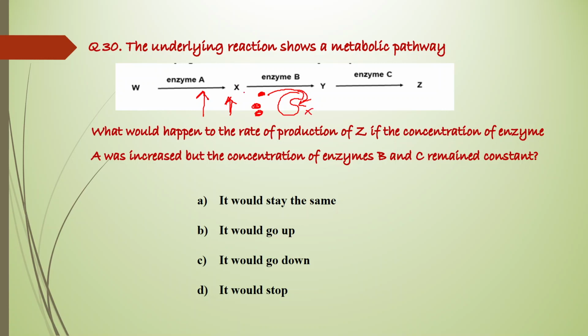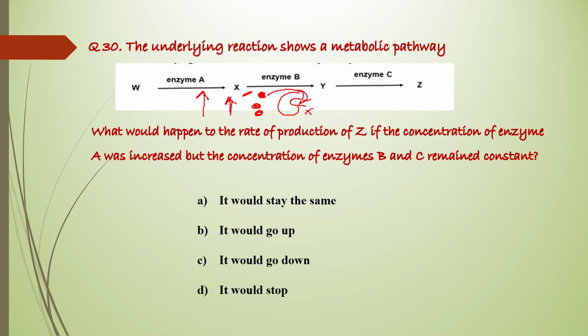No matter how much the substrate concentration has been increased for enzyme B, it cannot act upon all of them because the catalytic site for enzyme B is fixed. The substrate concentration for it is very high, but the rate is not dependent on the substrate concentration in that case, because it does not have more place to accommodate.